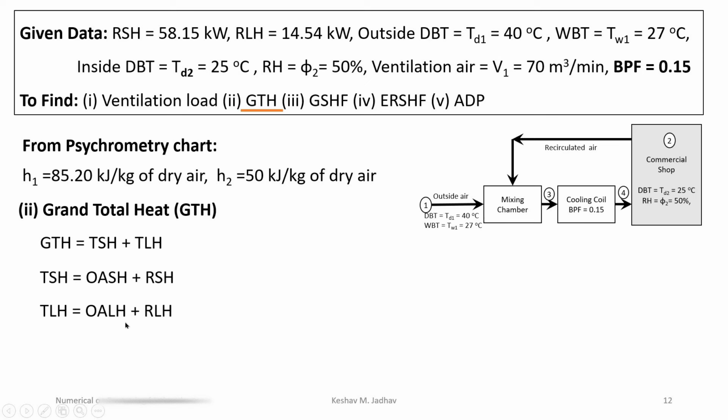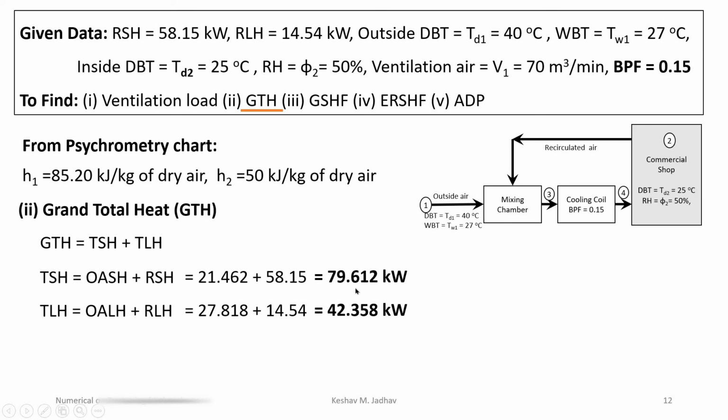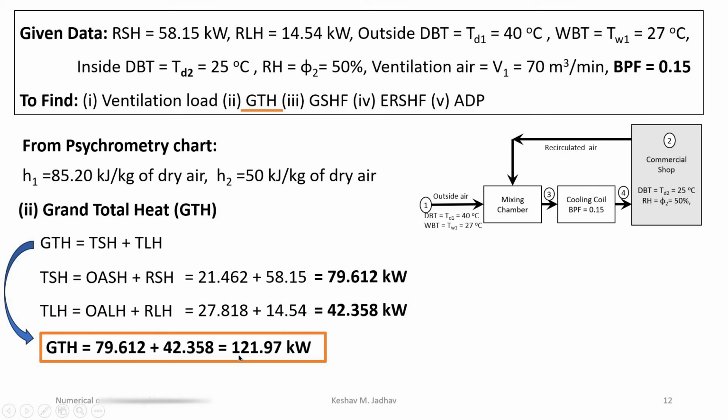So by putting these values, we will get total sensible heat equal to 79.612 kilowatt and total latent heat equal to 42.358 kilowatt. So we can calculate grand total heat by putting these values. We will get 121.97 kilowatt.